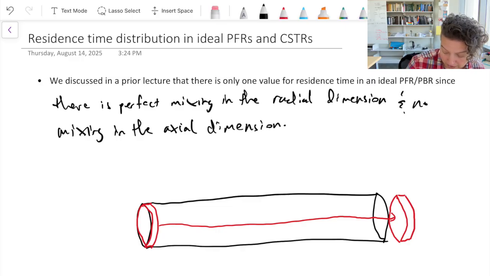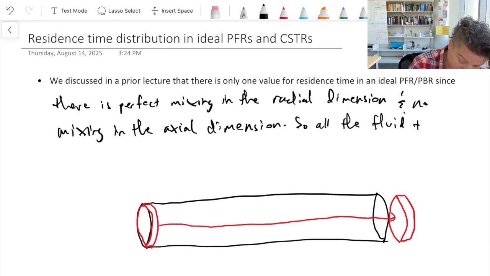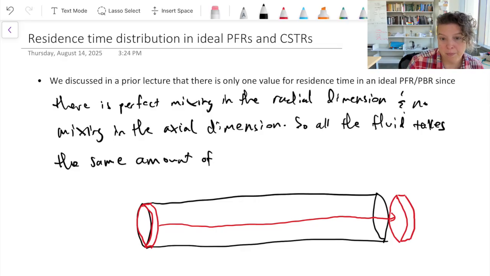So basically all the fluid takes the same amount of time to travel from the inlet to the outlet.